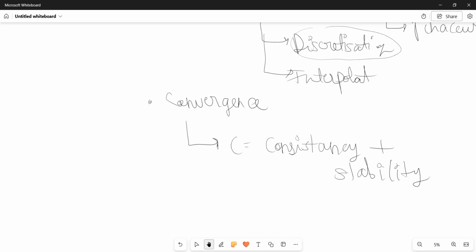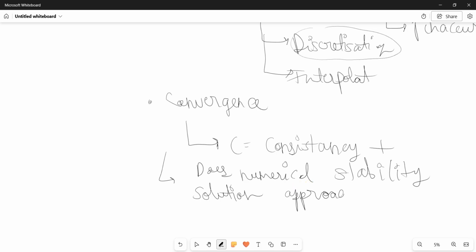If we just talk about it in general, the question you can ask yourself is, does the numerical solution approach the exact solution, right?